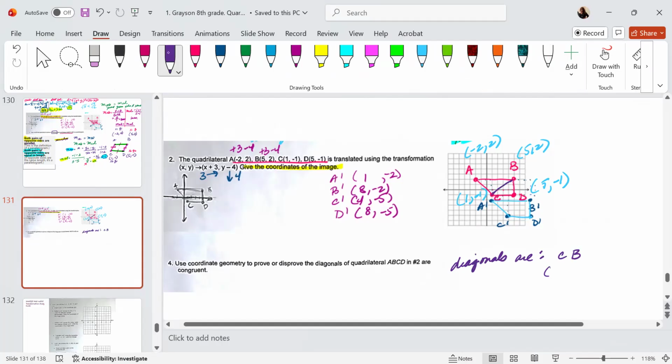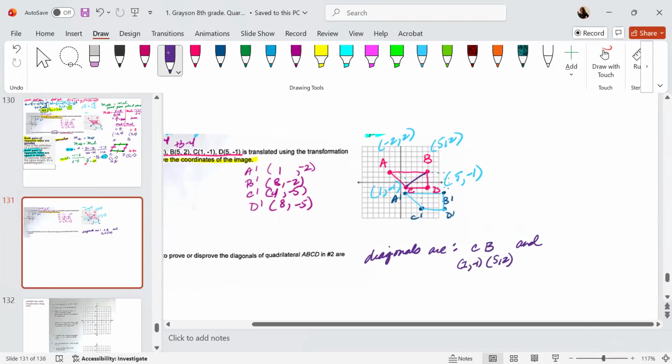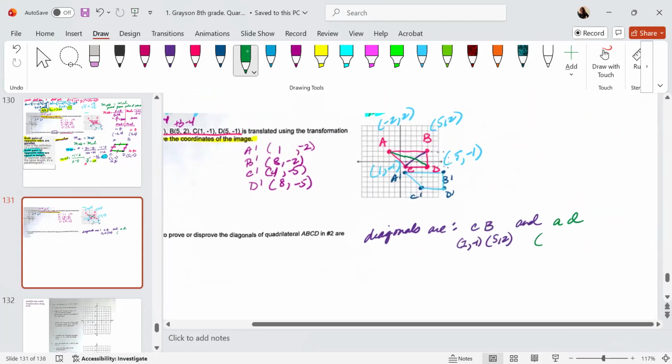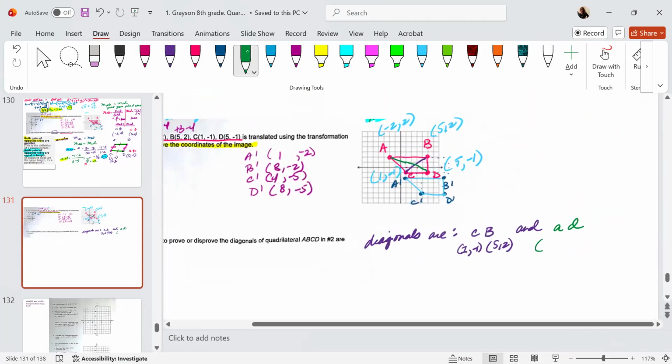The diagonals are one negative or -2 and 2. Now, the diagonals, when you draw it, is AB, correct? Or I'm sorry, CB, and then AD, correct? Yeah. So label them and then put the points next to it.